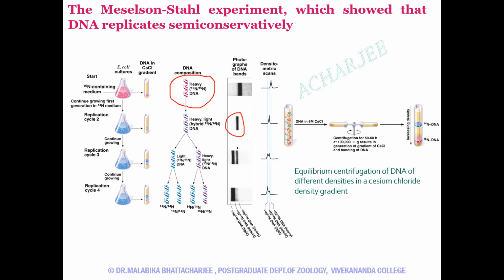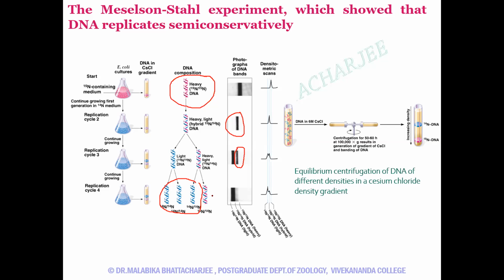We are getting an intermediate DNA strand here, but the strength of the band has become lightened since the amount of N14 has also increased in this intermediate band. And further as we move, we are seeing that the light N14 band is constantly increasing, but there is a faint presence of the intermediate band because, if you go through this picture, you can see there's only one DNA strand containing N15 that is remaining.